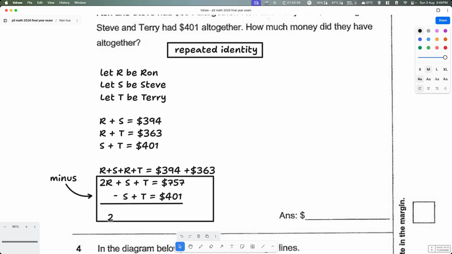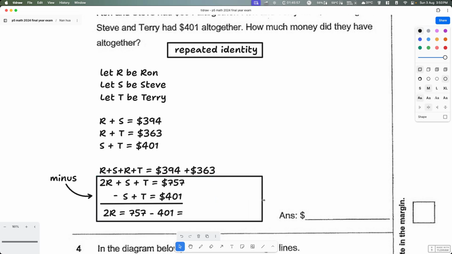2R, which is equal to 757 minus 401. Let me make this longer.